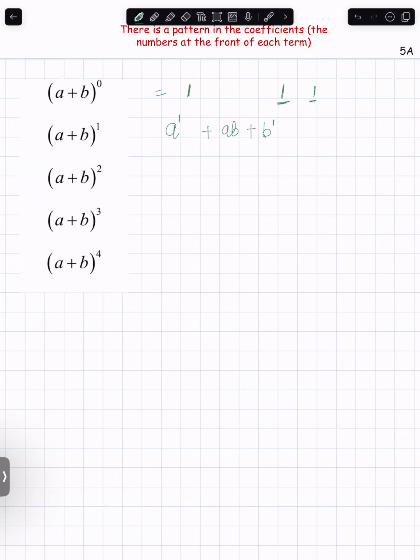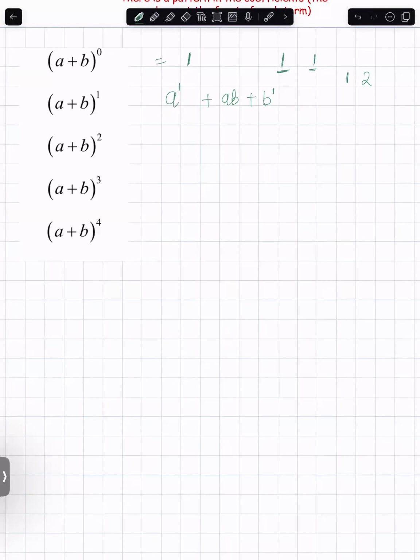Then when we move on to a plus b squared, remember the row for 2 is 1, 2, and 1.